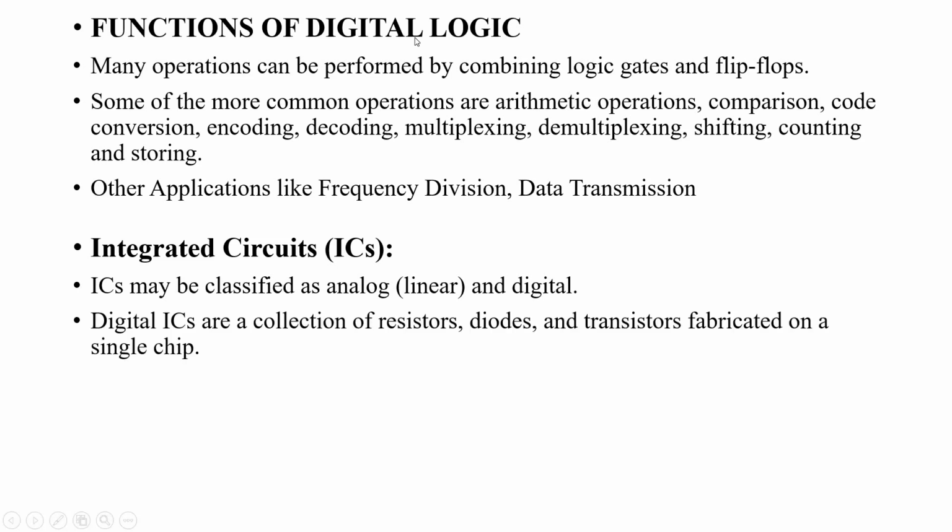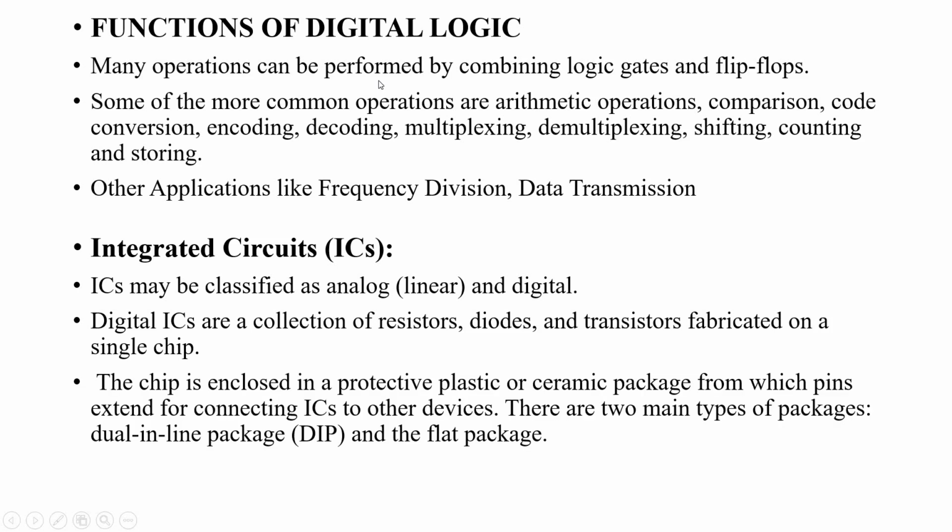Digital ICs are a collection of resistors, diodes and transistors. Depending on that, the devices are again classified into different logic families. We will discuss it soon, but let us focus in this lecture on the fundamentals of the basic gates. These ICs are available in dual in-line package, that is the DIP package, as well as flat packages.